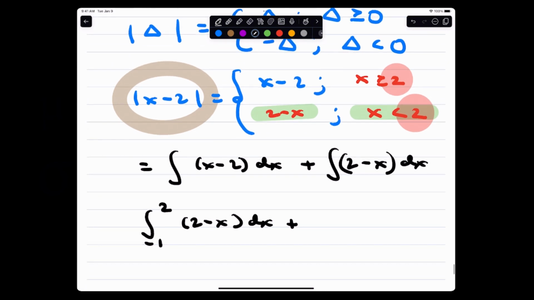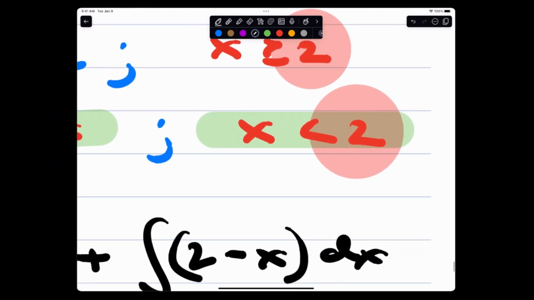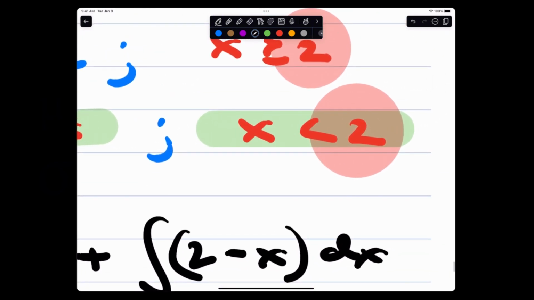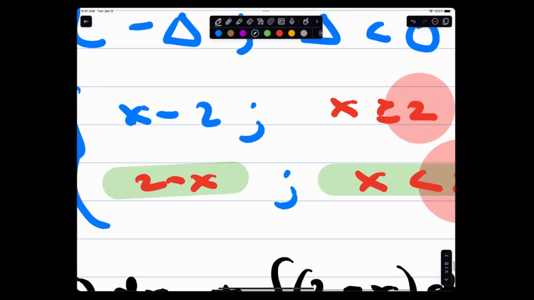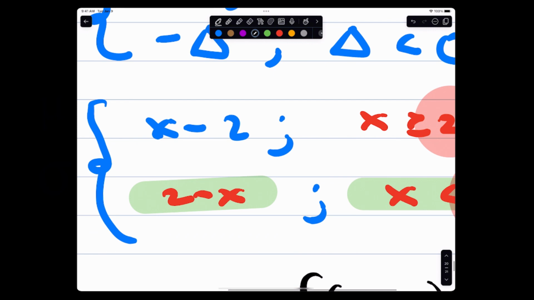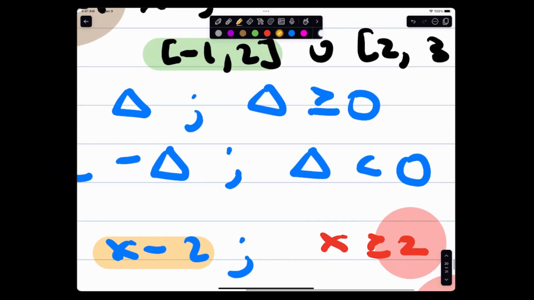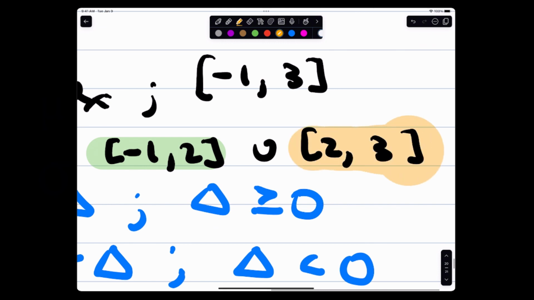Okay, that piece. You say, why? Because that works for numbers that are smaller than 2. Numbers that are at least 2, we have to use the top piece. Maybe color that one orange. And that's going to be this from 2 to 3.